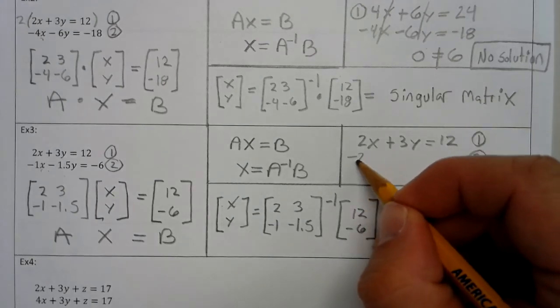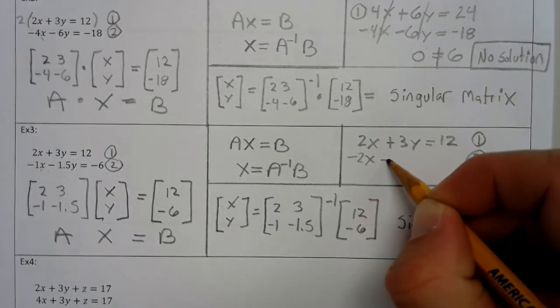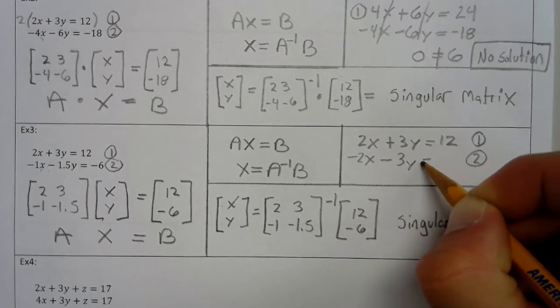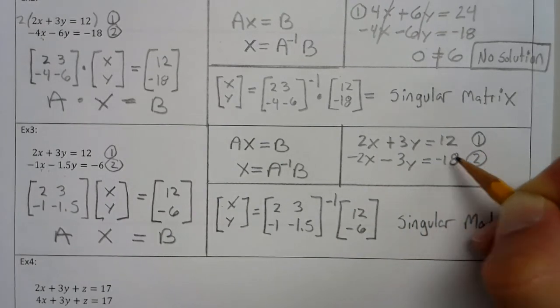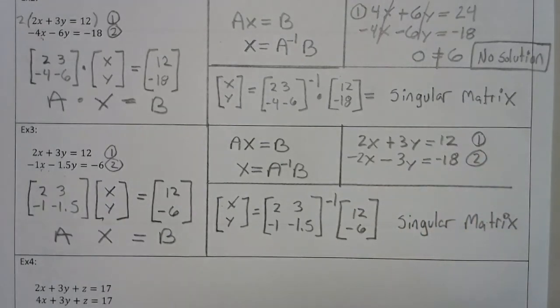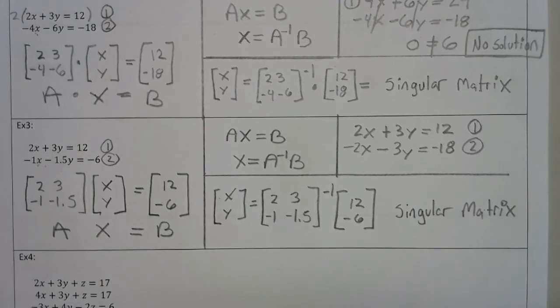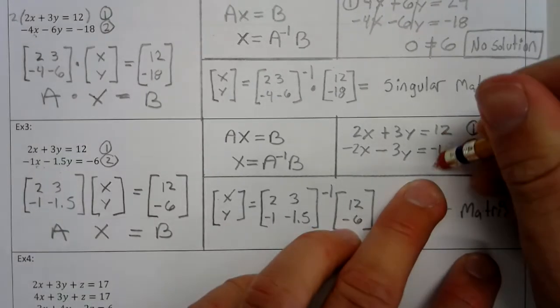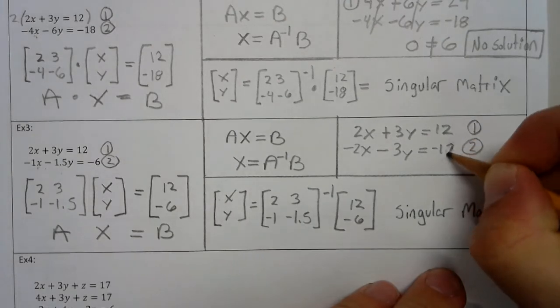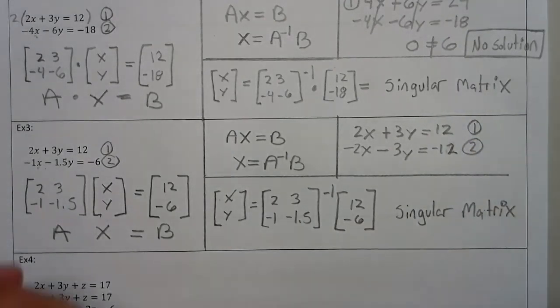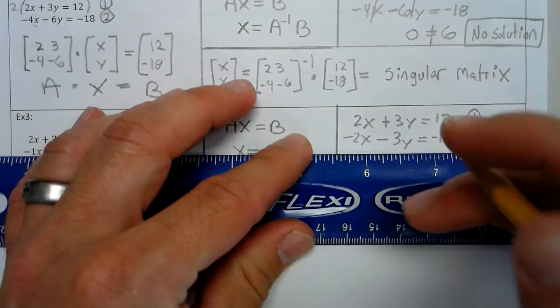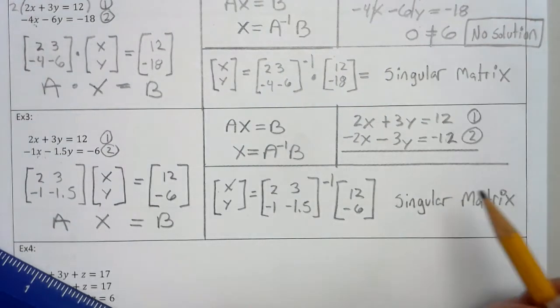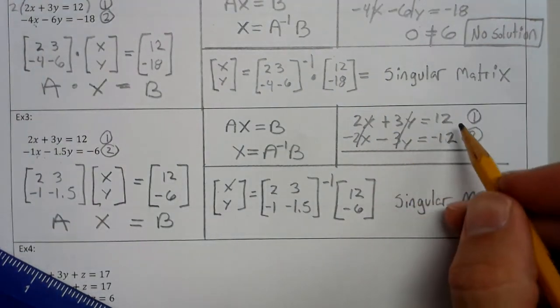So you get negative 2x minus 3y equals negative 18. Oh, whoa, not negative 18, negative 12. Okay. Well, the x's cancel, the y's cancel, and the 12 cancels.